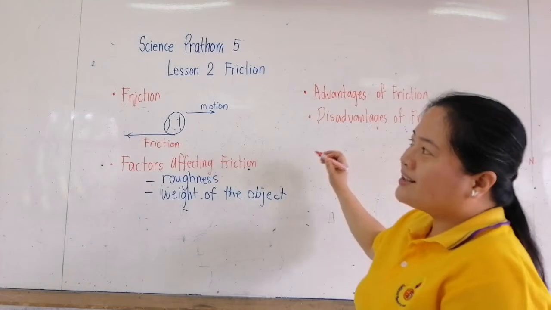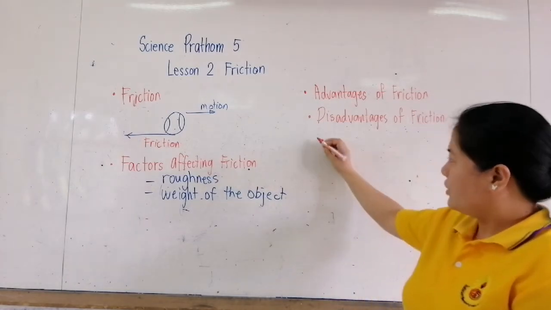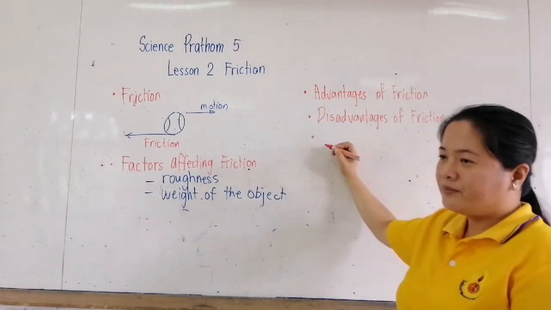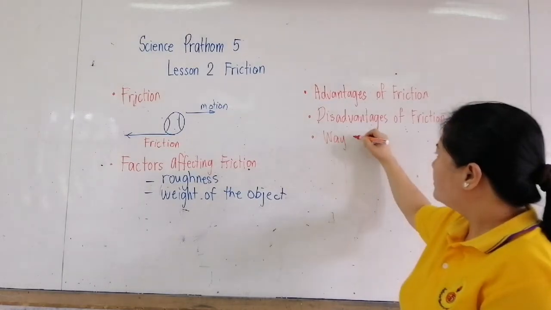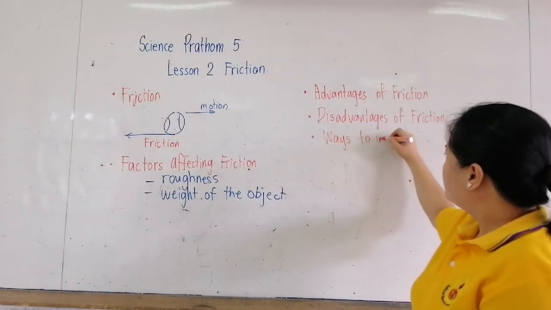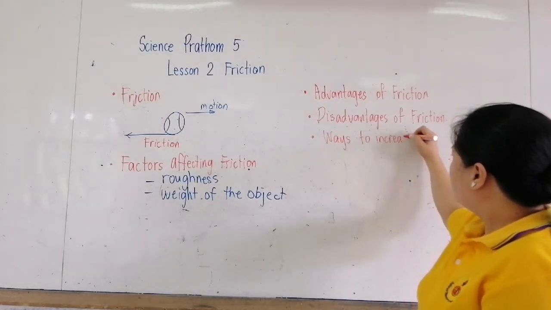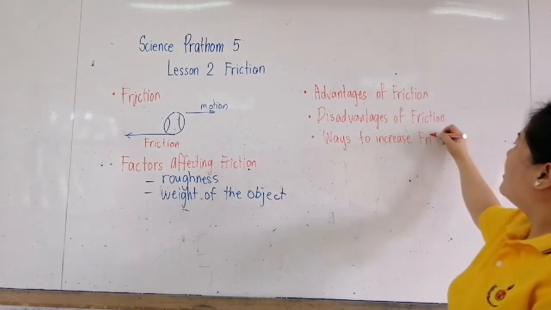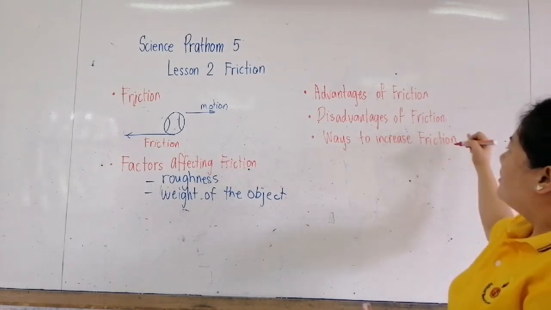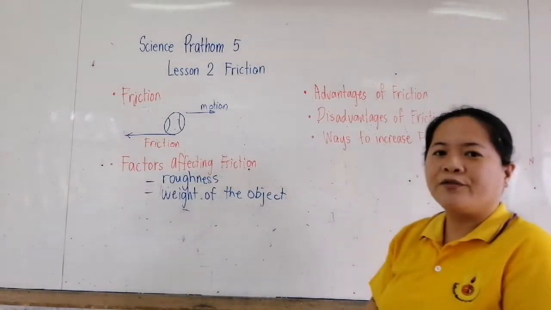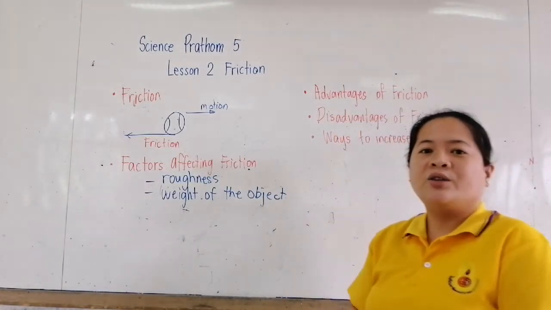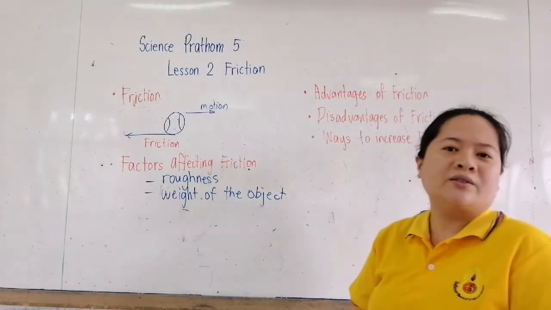Another thing that you have to know about friction is the ways to increase friction. Since the factors affecting friction include roughness, if you want to increase the friction, you increase the roughness of the surfaces.